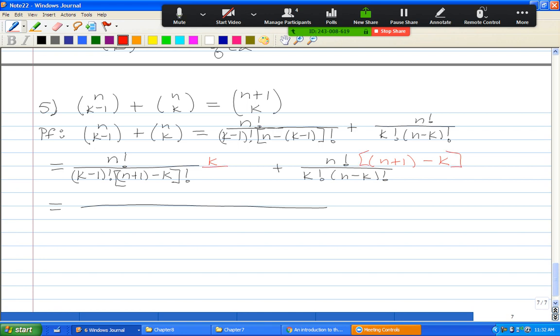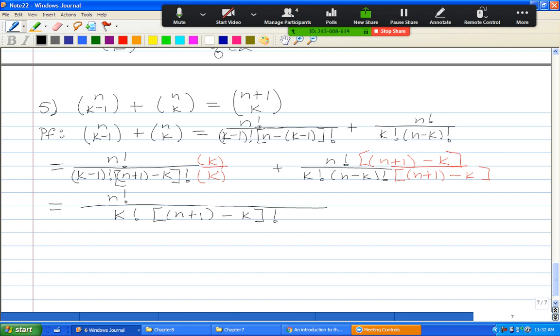So let's do that. Okay. So I have, well, this is just k factorial on the bottom. And this is n plus 1 minus k factorial on the bottom.